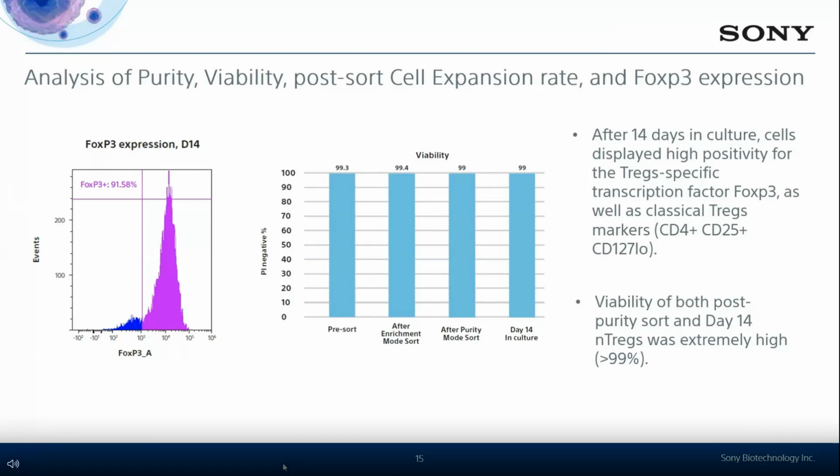When we look at viability numbers in the bar graph, prior to sorting, after the enrichment mode sort, after the purity sort, and after 14 days in culture, a 99% viability was maintained, indicating that the sorting process on the CGX10 Cell Isolation System is very gentle and not damaging to the cells.